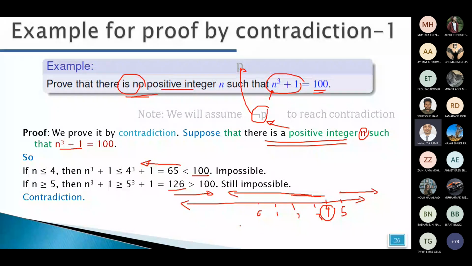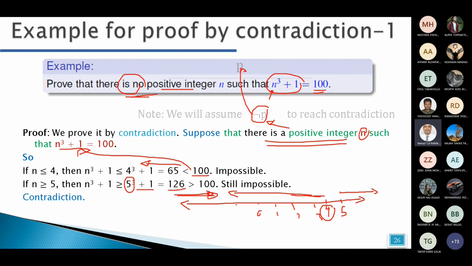So 4 and 5, any number more than 5 will give me a number more than 100. So this means all the numbers less than 4 give me a number less than 100 when we apply them here. And any number more than 5, when we apply it to n to power 3 plus 1, will give me a number more than 100.